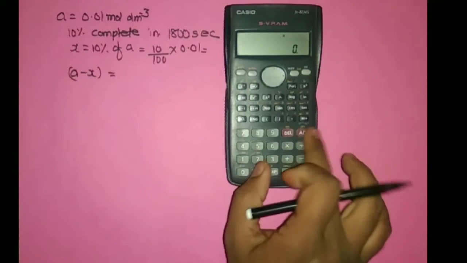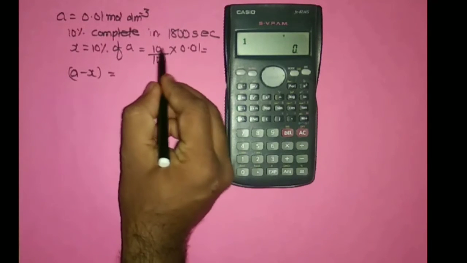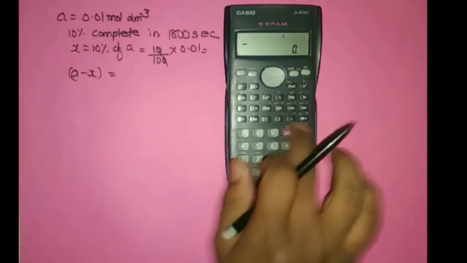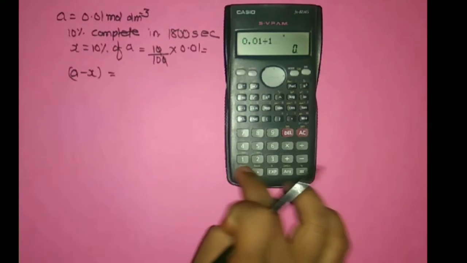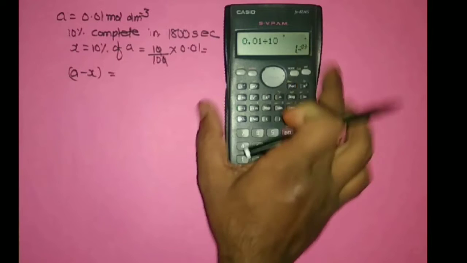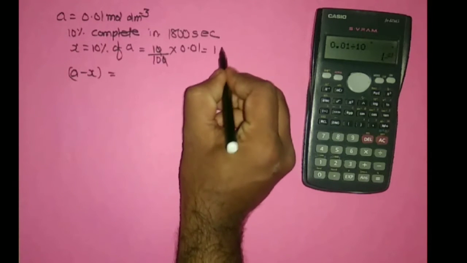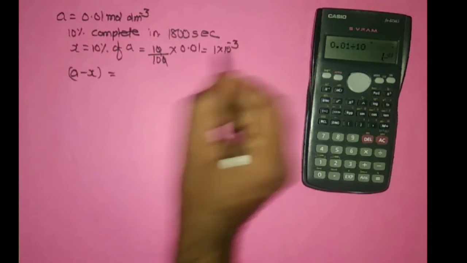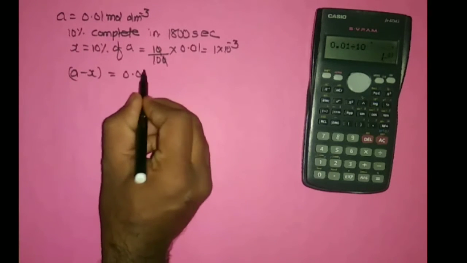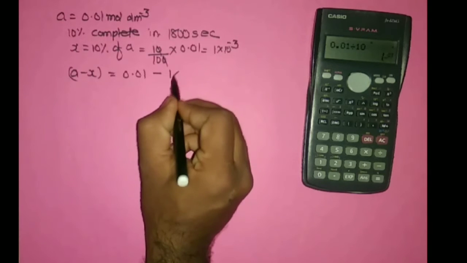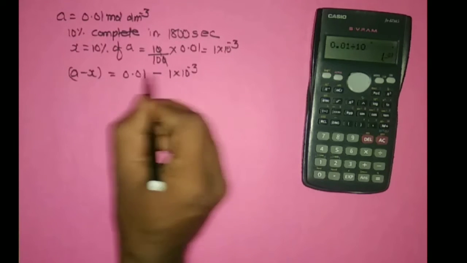So over here, instead of getting confused, 0.01 divided by 10 is equal to 1 into 10 raised to minus 3. And what is the value for a minus x? Initial concentration is 0.01 minus 1 into 10 raised to minus 3.